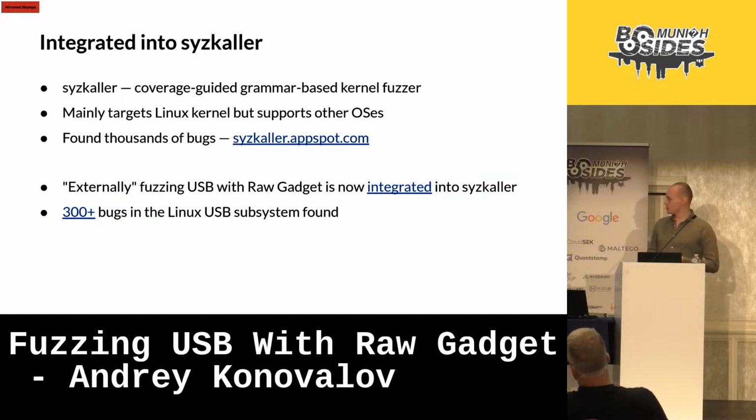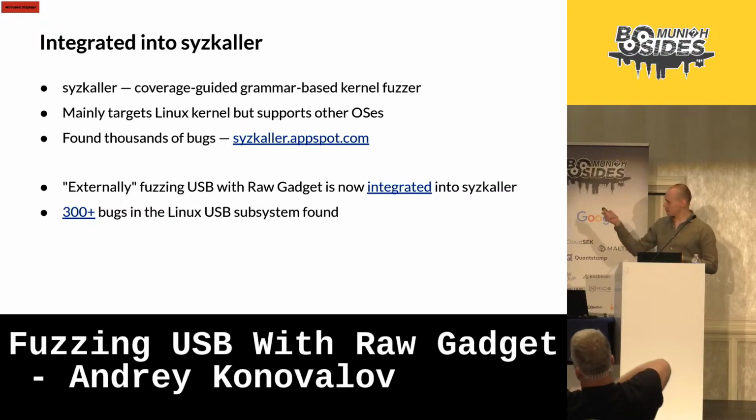And I integrated USB fuzzing into Syzkaller, and so far it has found over 300 bugs in different parts of the Linux USB subsystem. Some of them are in drivers, and a few of them are in the USB core layer. And the only thing that I failed to do so far is to actually exploit a Linux or Android device over USB.